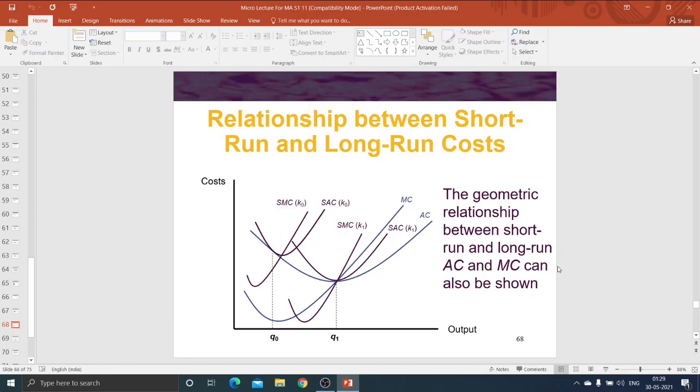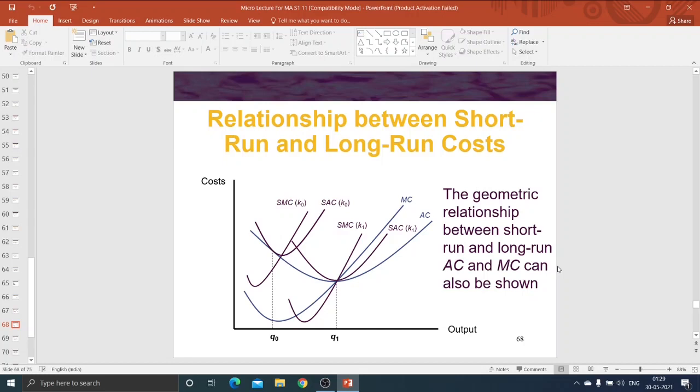So it's quite easy to see that the envelope curve, or the long run cost curve, is a collection of all the short run cost curves, which the firm opted for.